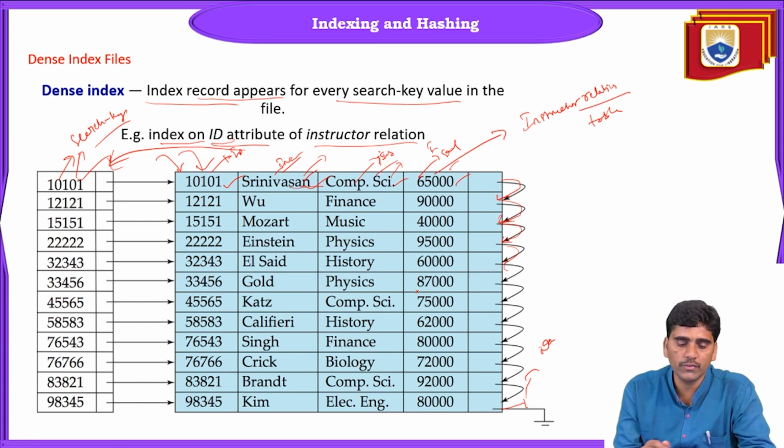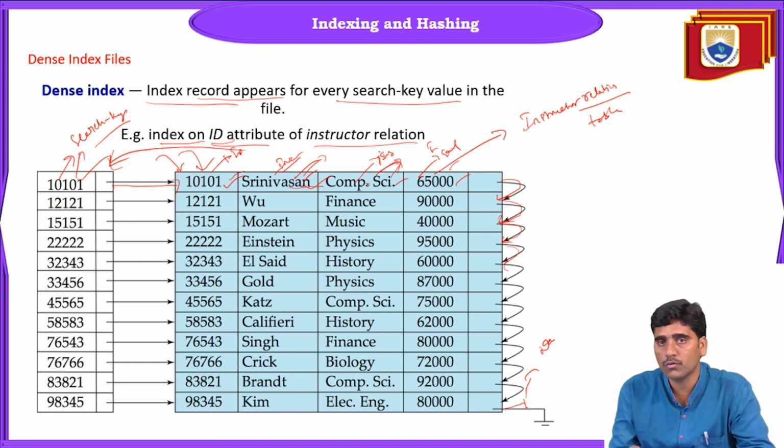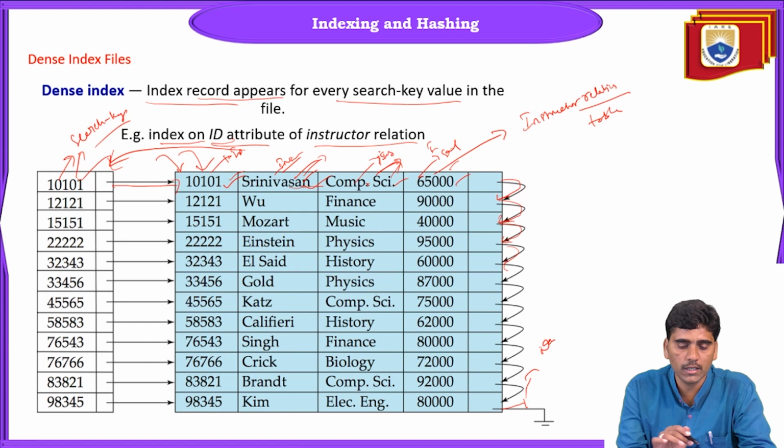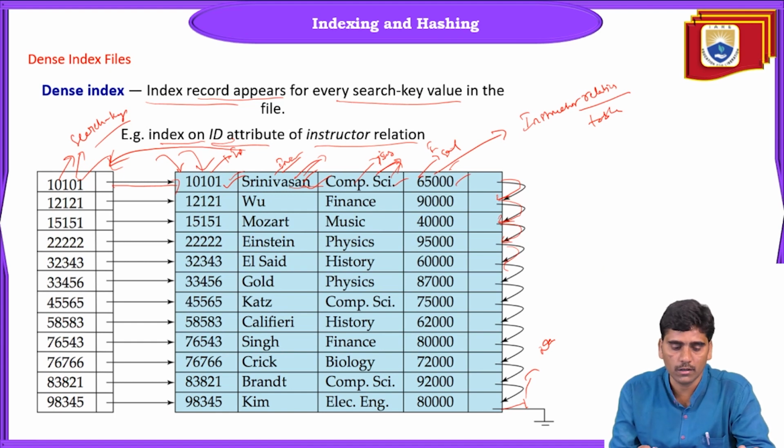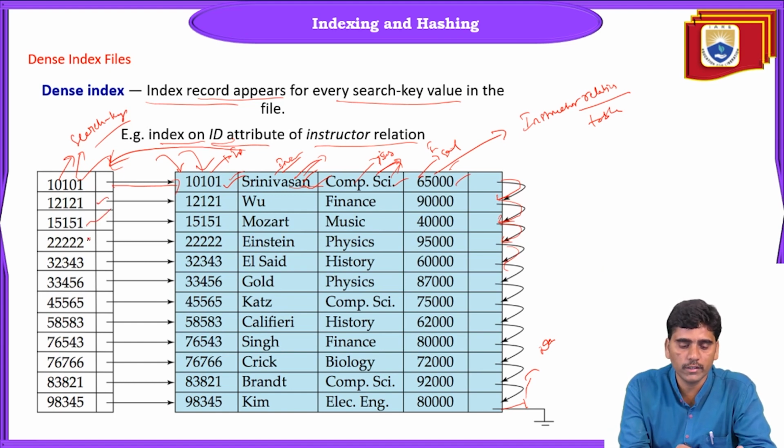On the basis of this search key, 10101, you are going to find the information of instructor name, instructor salary, instructor's course. And similarly the second index record, third, fourth, fifth, and sixth index records.